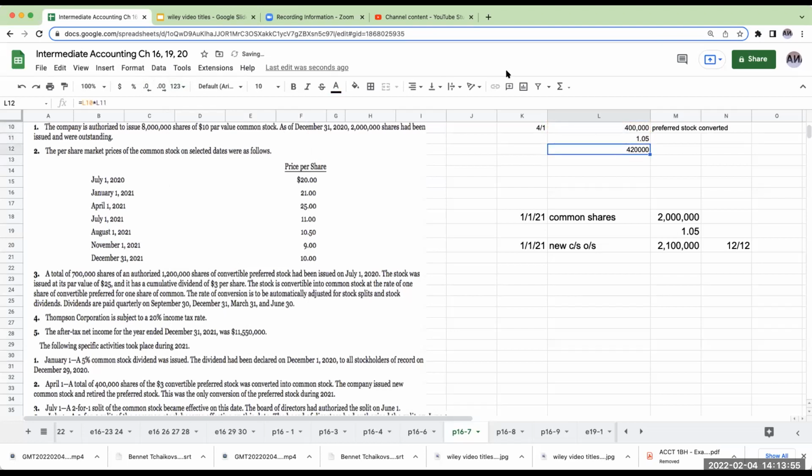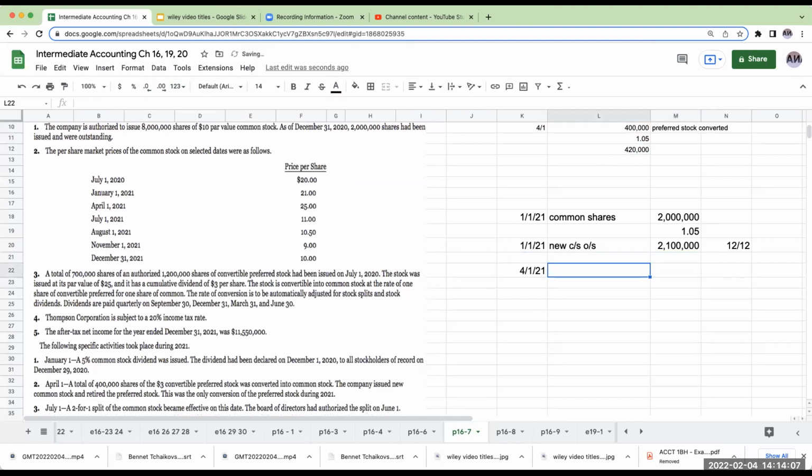So the actual number of shares that are going to be issued as a result of this are going to be 420,000. So on 4/1/21, preferred converted, this is going to be 420,000.